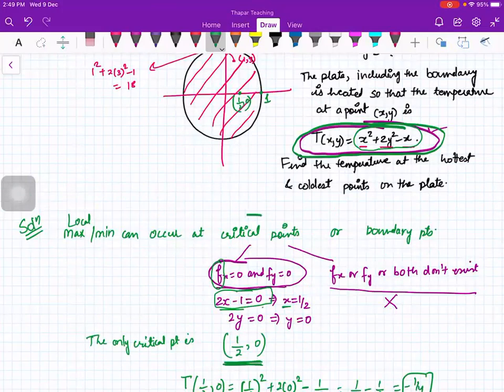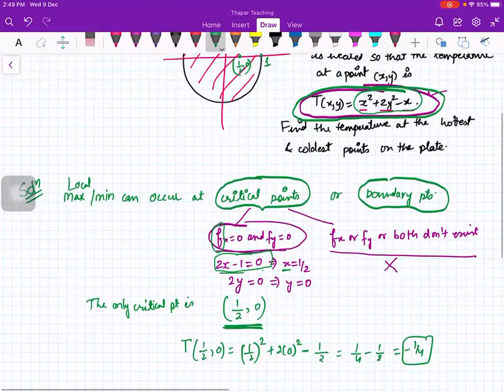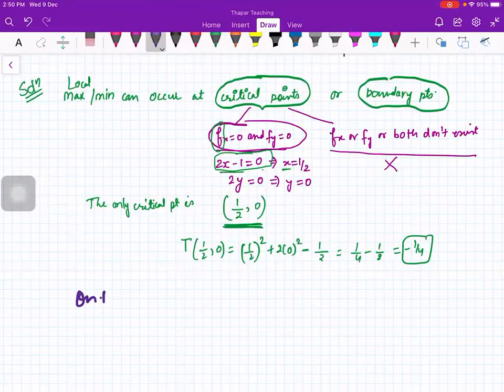So we saw that there is only one critical point. Now let us look at the boundary points. In the last lecture we saw that our plate was either rectangular or square.